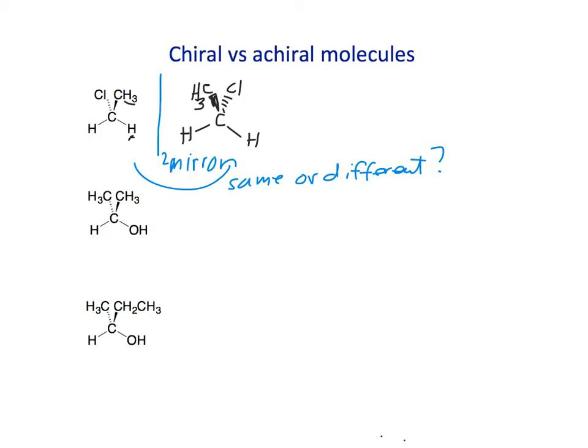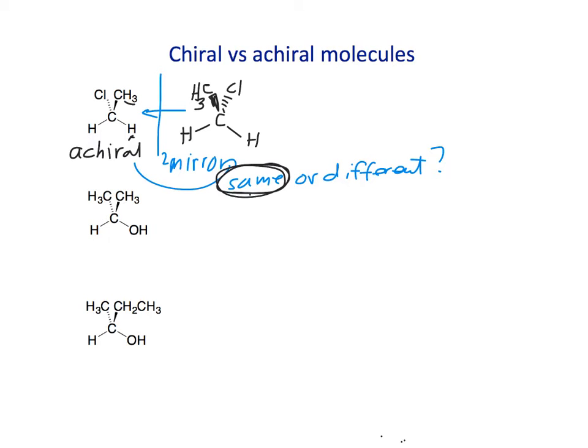The wedge is just pointing forward and the dash bond is pointing back. So in fact, if we took the structure on the right and slid it over on top of the structure on the left, they would perfectly superimpose. Okay, so these two structures are the same, and so this molecule is achiral.